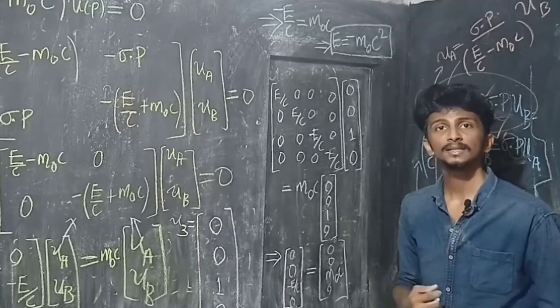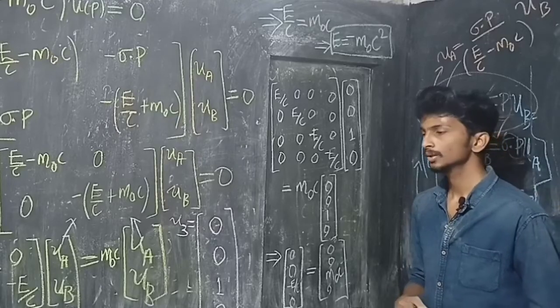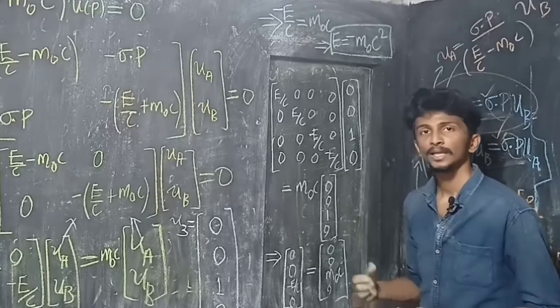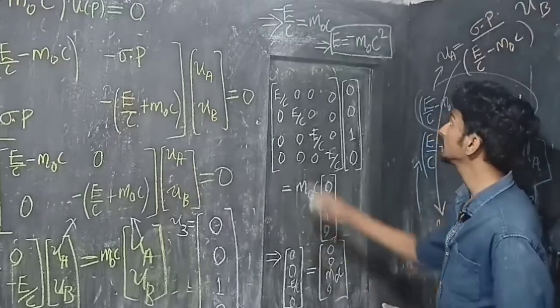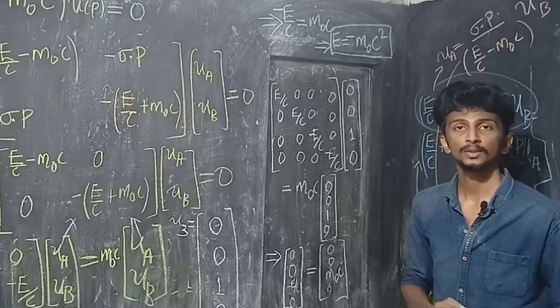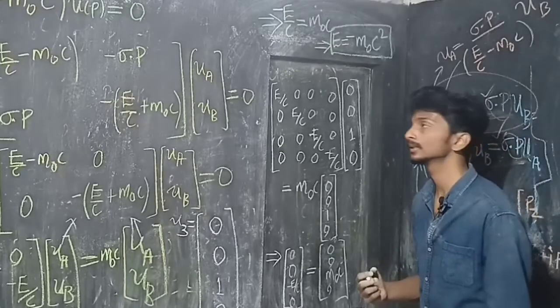So what we see is that the energy associated with the U3 solution is negative. So let me ask you, do negative energy particles exist in nature, or what is the physical significance of these negative energy solutions? We will discuss it later after a few minutes.